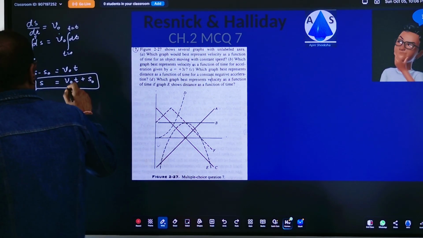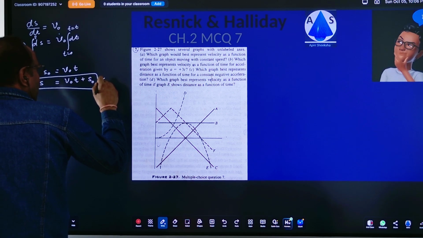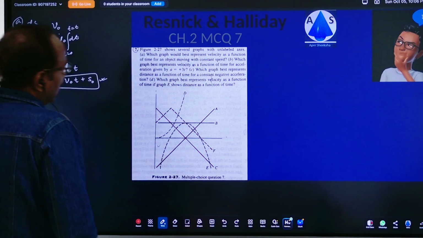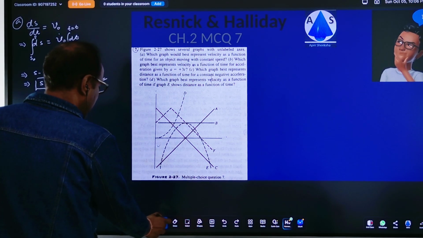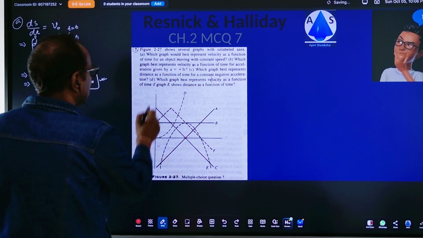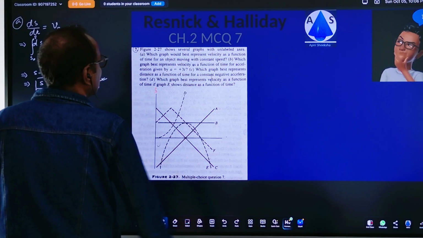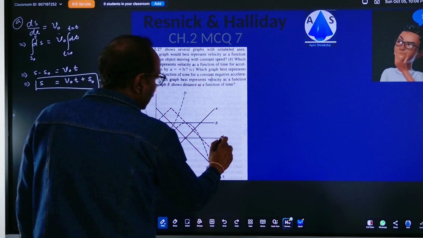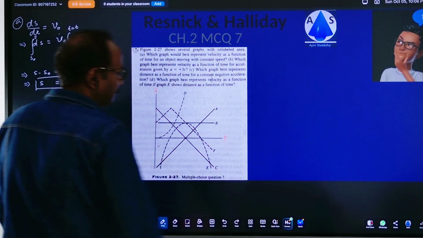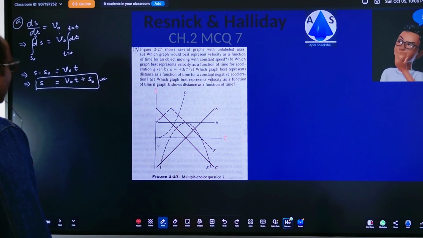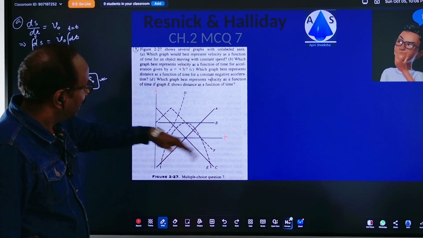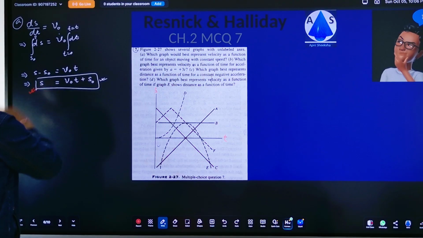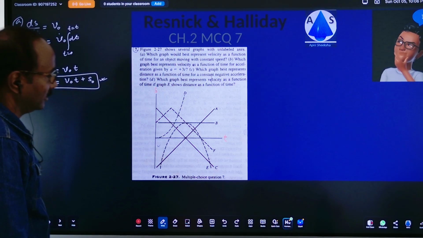So as per this equation for part A, if we give the name y-axis as S and x-axis as T, then A and C are definitely following these two equations.